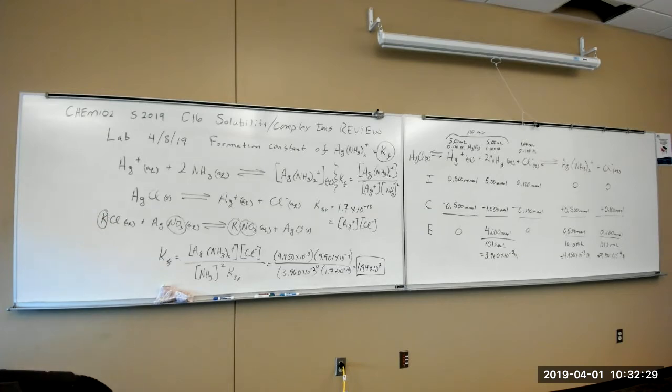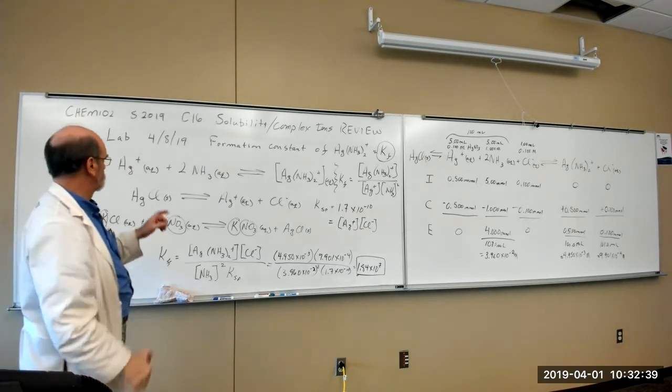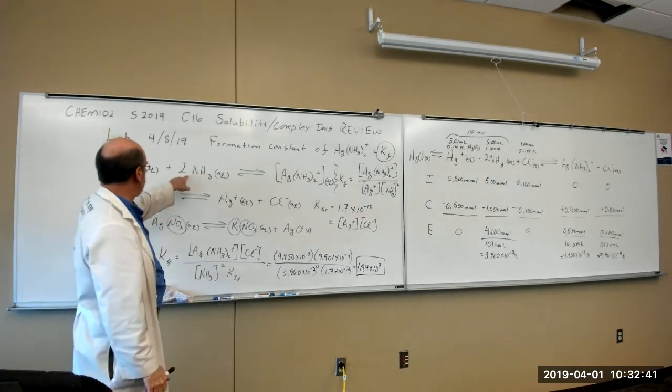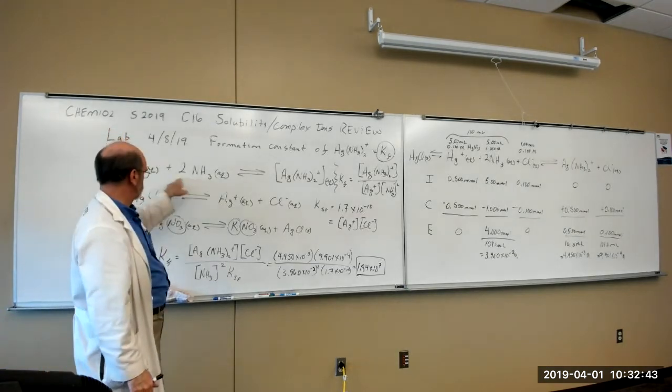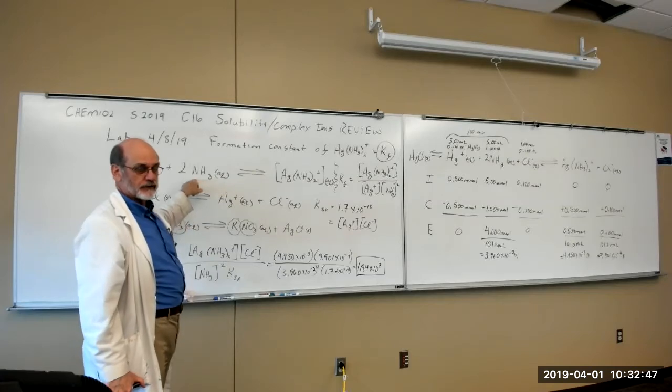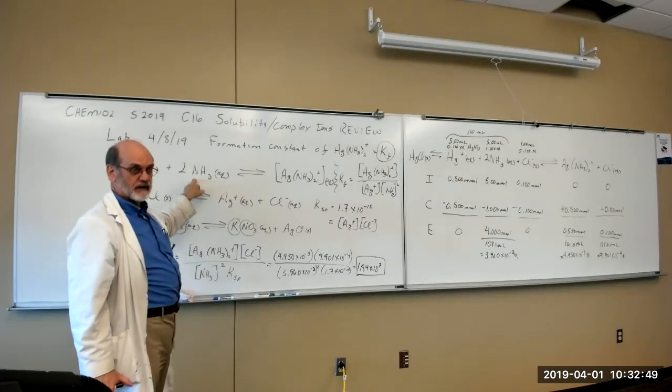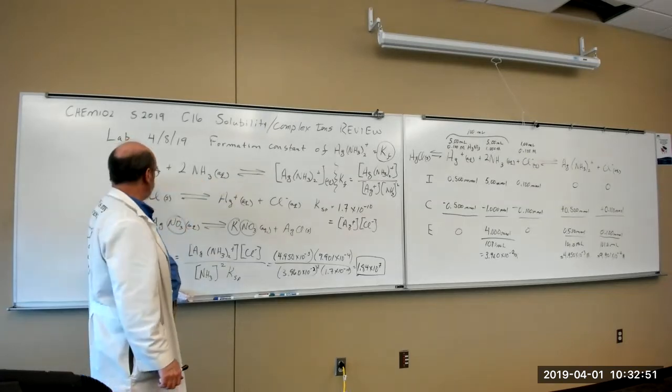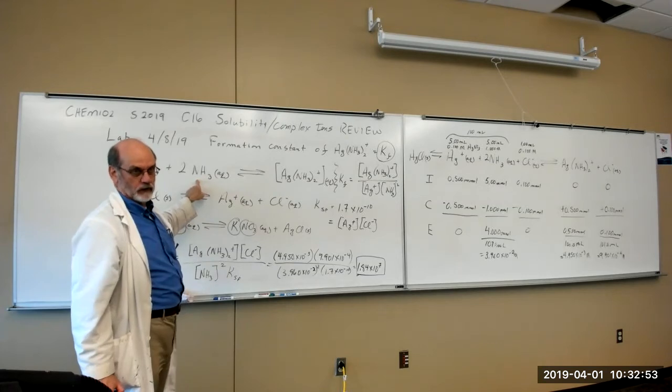Now, what did I do? Oh, the last page is just a demonstration of why this is valid. When you add ammonia solution to silver nitrate, why does this combine with that and not ammonium, NH4?